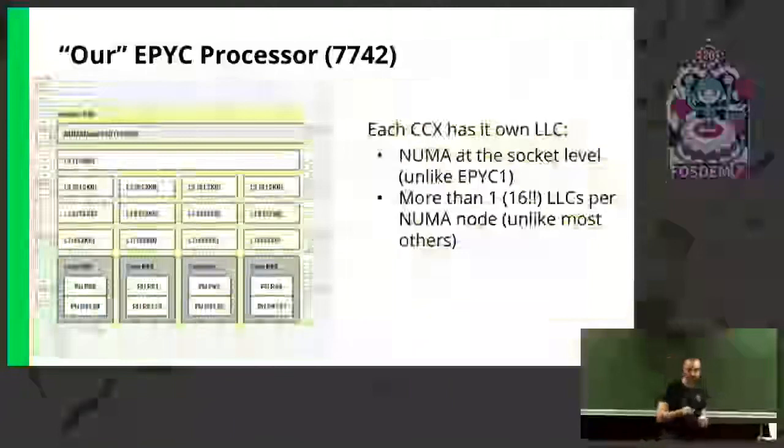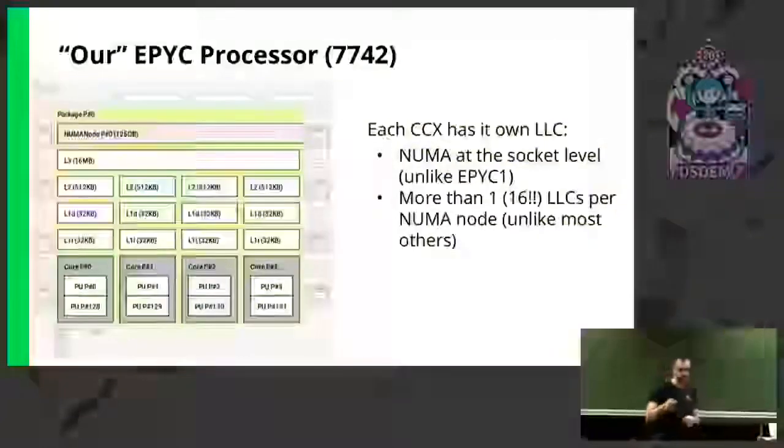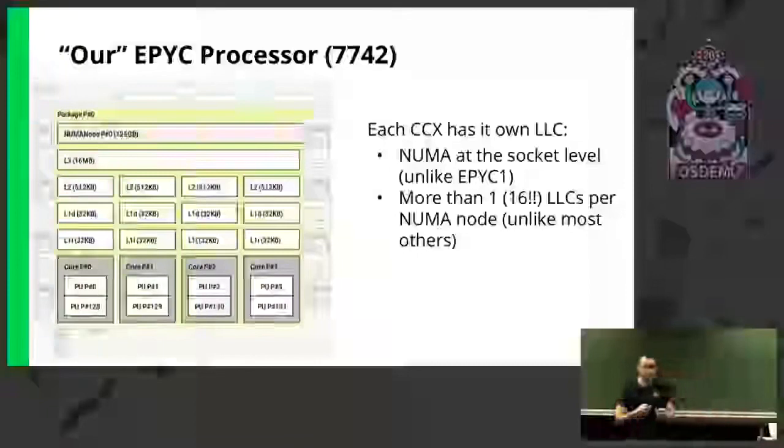A close-up on one CCX: each CCX has its own L3 cache, and of course each core also has a dedicated L1 and L2 as usual. But the fact that there is an L3 cache per CCX and, for example, not per NUMA node, is something specific about this architecture, something very different from many other architectures that you find around, at least in the x86 world.